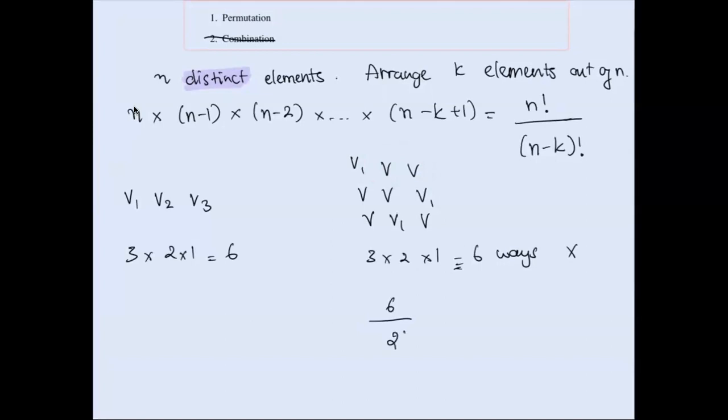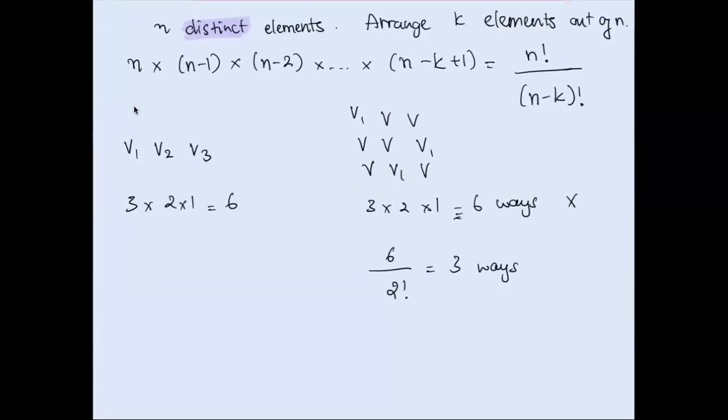So you have to divide by 2 factorial for this one. And it will give you 3 ways, which is the correct answer. I believe it is called permutation of multiset.